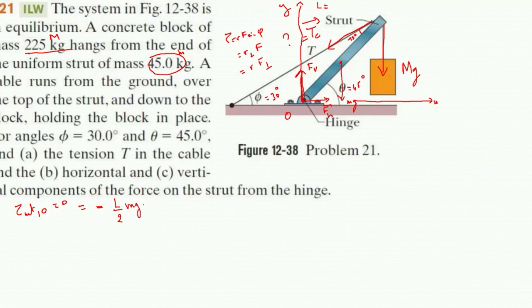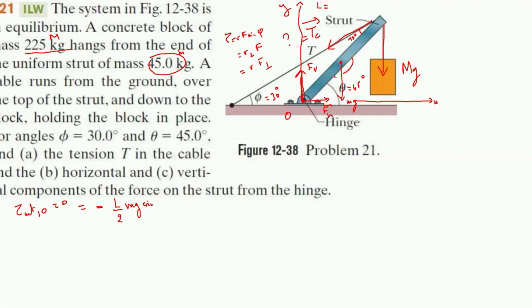Now, what is sine phi? Phi is the angle between R and mg. So basically, I want this angle here. What is this angle here? This angle will be 180 minus this angle.